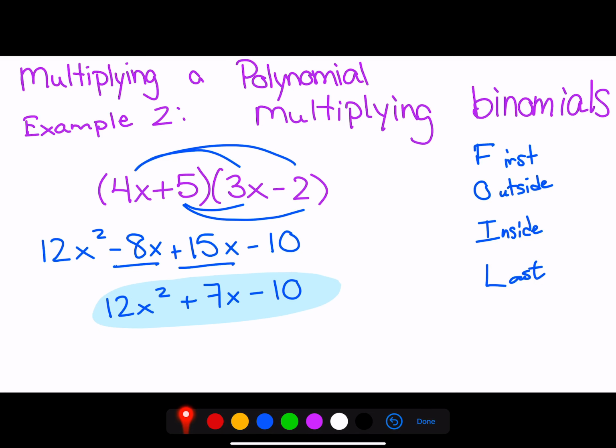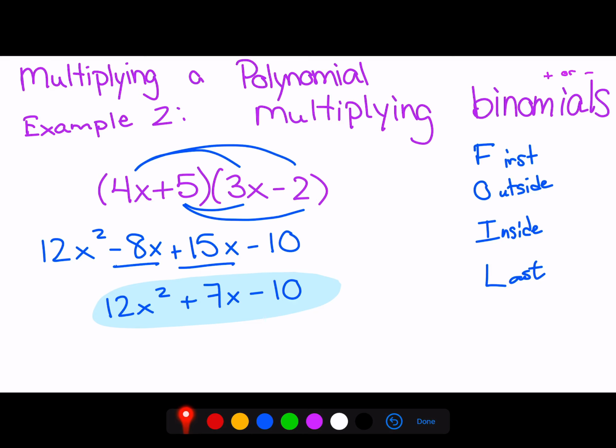All right, multiplying polynomials. So in this case, we're multiplying two binomials. It's called a binomial because bi means two, nomials means terms, and terms are separated by plus or minus signs. As we can see over here, we have these two bubbles here. That's what I'll call these for now.